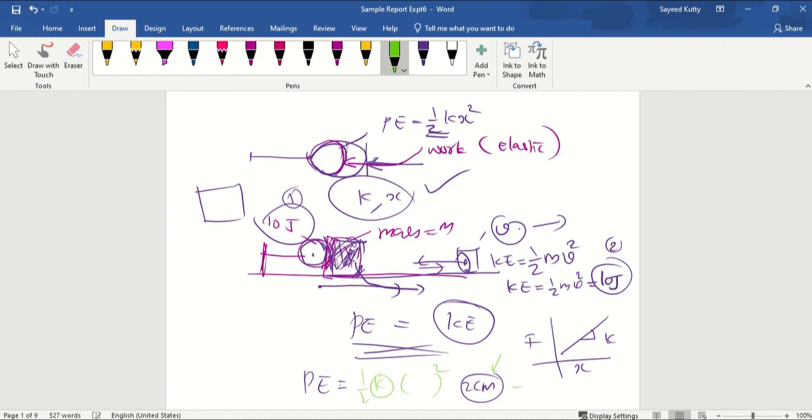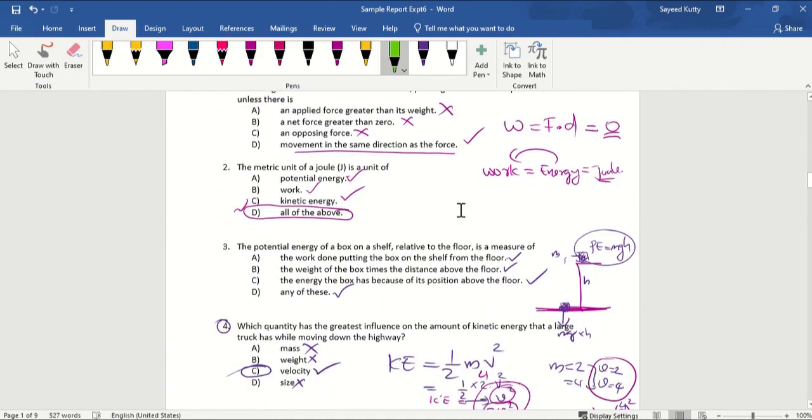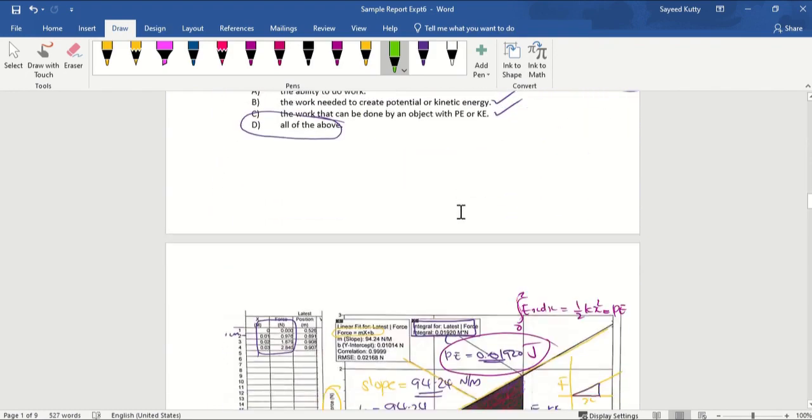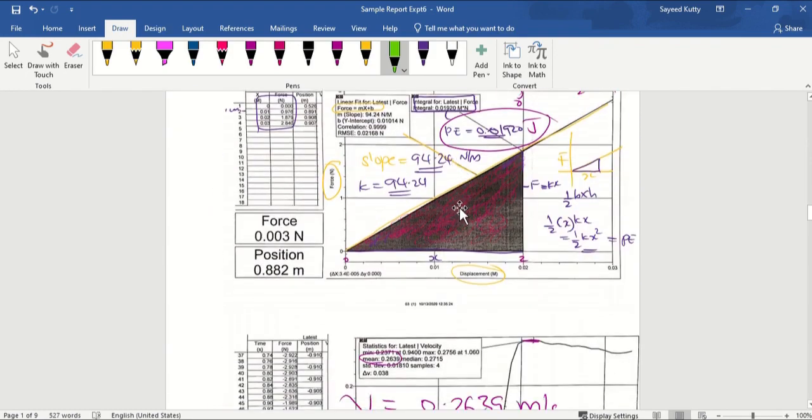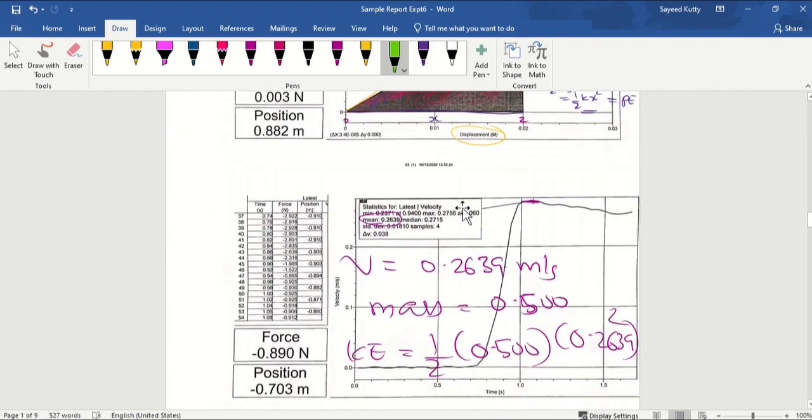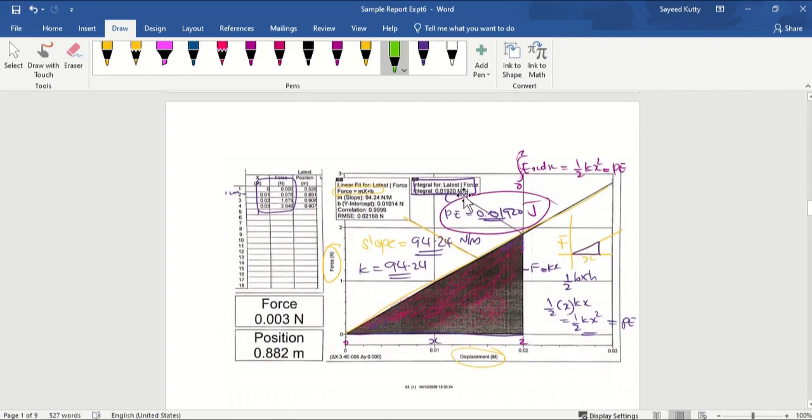So half K X square, we calculate the potential energy. Now, from the velocity time graph, we know the velocity. From the velocity, we calculate the kinetic energy, and that is very close to the potential energy. So we verify the law of conservation of energy.